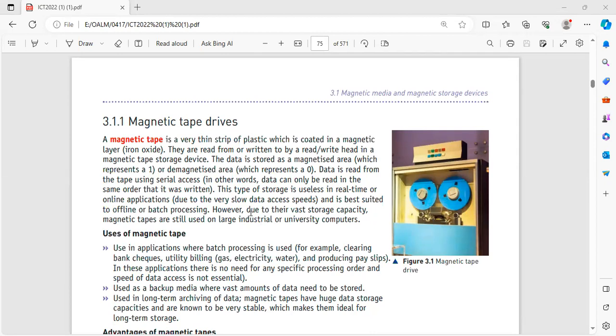Have you heard about audio video tape? Yes, sir. That was also coated with magnetic material to store the data.